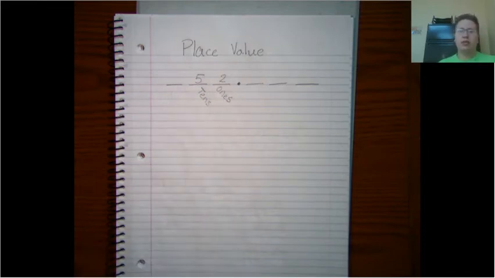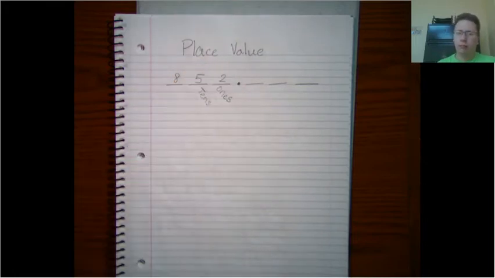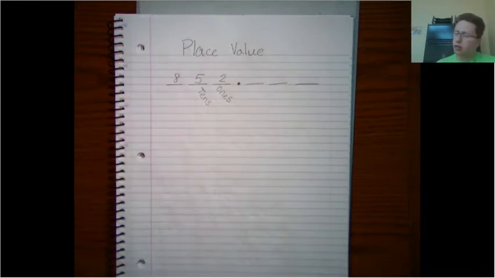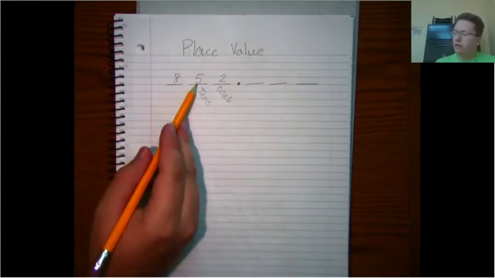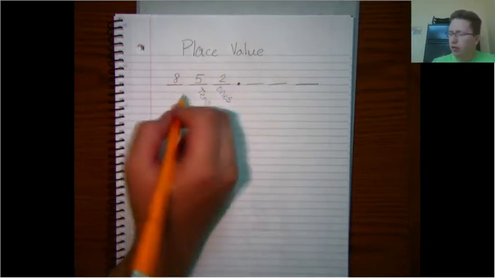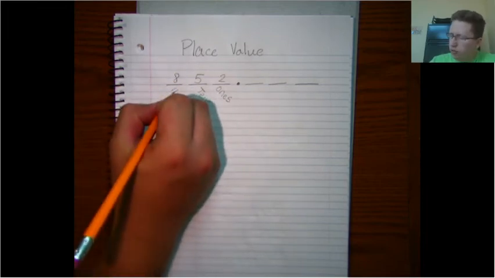Let's go one step further, make it even bigger. We'll say 8 here. What is the place that the 8 is in? Well, let's read the number. 852. Since it's 852, the only place we don't have labeled on this side is the hundreds place.